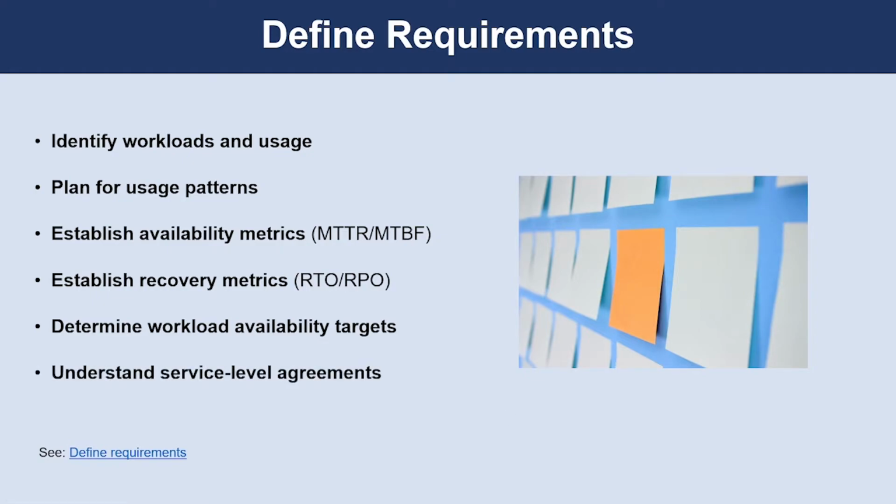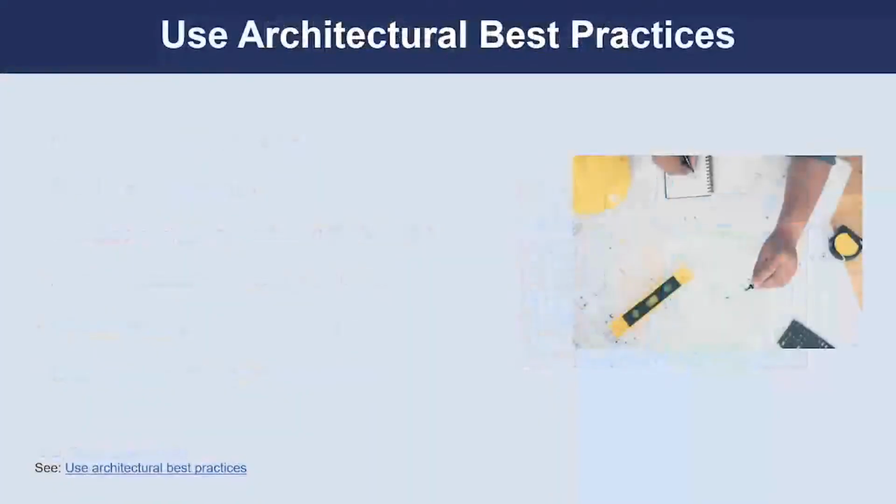And understand the service level agreements. In Azure, the SLA describes the Microsoft commitments for uptime and connectivity. If the SLA for a particular service is 99.9%, you should expect the service to be available 99.9% of the time.